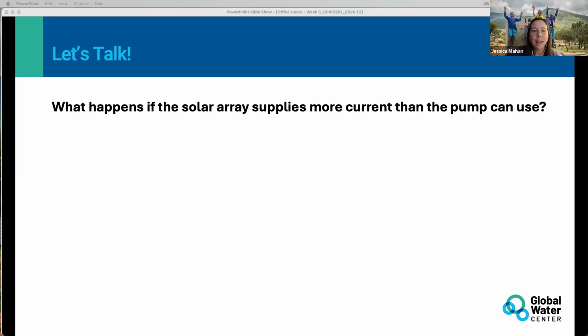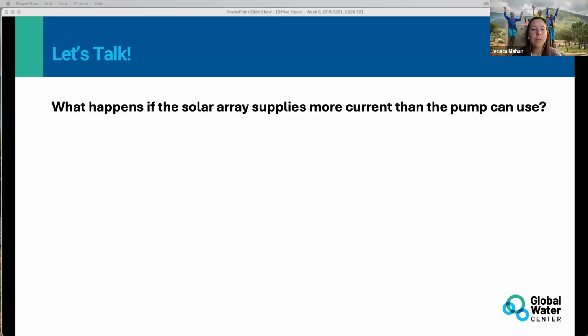And so I've seen that in the chat a little bit. Wesley says that the extra current is wasted. That's kind of true. If the pump doesn't need the extra current, it's just not going to take it. So it's kind of a balance between making sure that our system's protected from extreme cases, like again, short circuits, because that kind of forced current is not good for our devices.